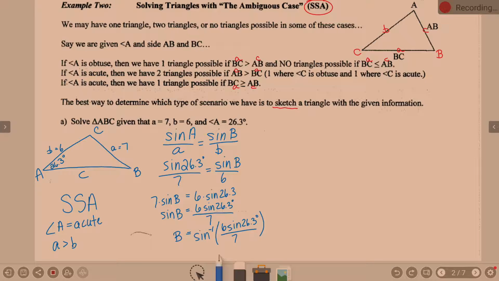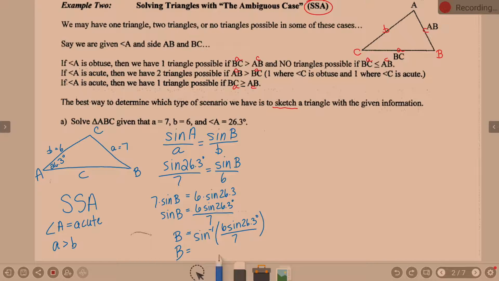And then from there, it's just typing in the information. So if I go ahead and set up a fraction bar, 6 sine 26.3 in those parentheses, go to the denominator, over 7, and in those parentheses. You should be getting an answer exactly like mine.